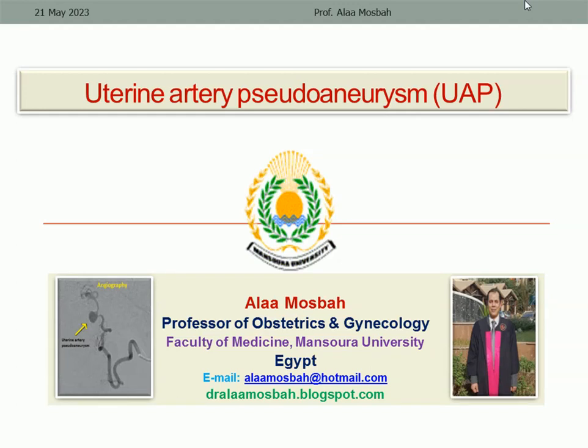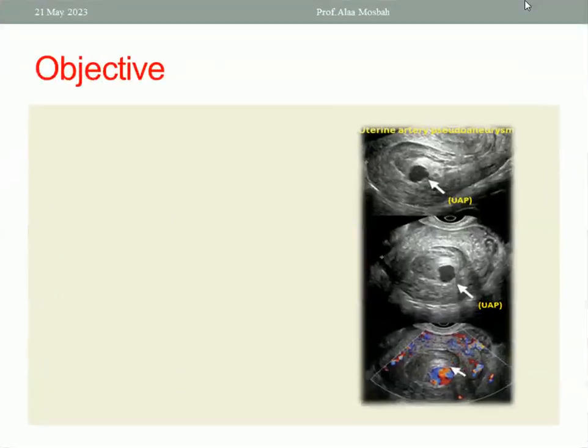Today I have another important topic, which is uterine artery pseudoaneurysm. Why important? Because it can cause horrible uterine bleeding and it can be a life-threatening condition. So, we need to know about it. What are the objectives?